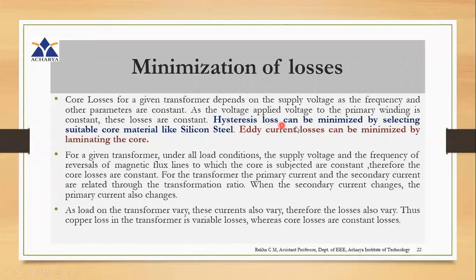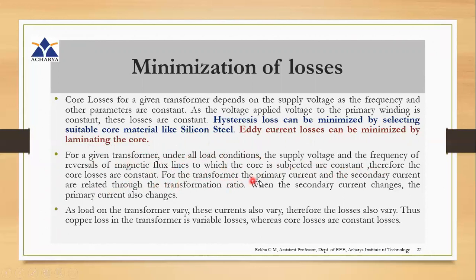So hysteresis losses can be minimized by selecting suitable core material like silicon steel, and eddy current losses can be minimized by laminating the core. For a given transformer under all load conditions, the supply voltage and the frequency of the reversal of magnetic flux lines to which the core is subjected are constant. Therefore, the core losses are constant.